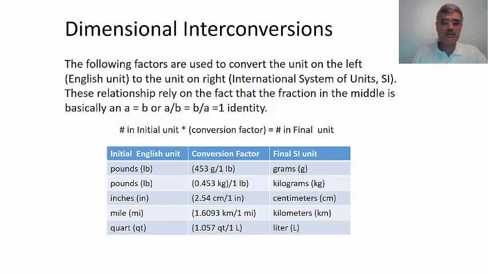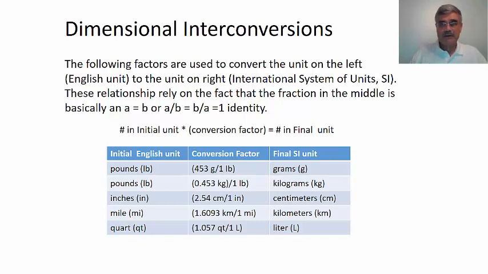So if you look at the table below, if you have an initial measured value in pounds and you want to convert it to grams, you multiply by a conversion factor that is essentially a unity factor. That is 453 grams is equal to 1 pound, or A equals B. So anytime I have A equals B, I can say A divided by B is equal to 1. That's what I mean by an identity factor.